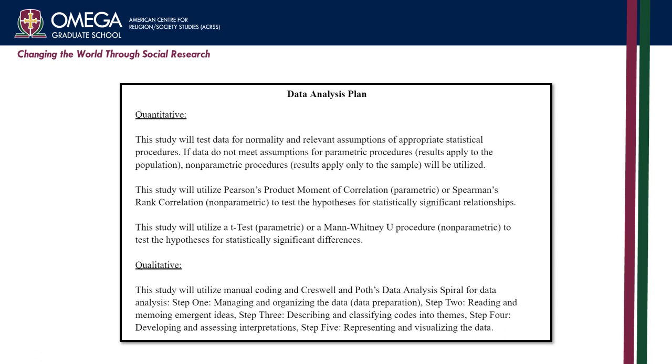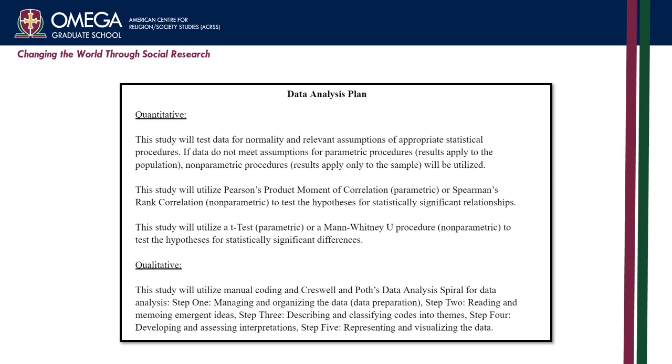The last component of the prospectus is developing a preliminary data analysis plan. Generally speaking, you can use the language that we've provided in the template and then flesh it out a little bit. But for quantitative designs, it would read something like this.